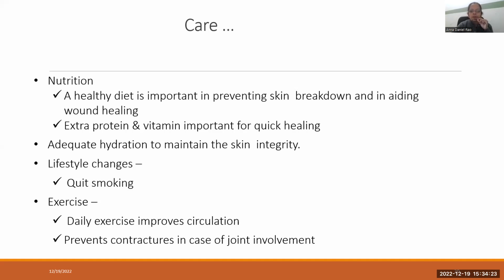So we should provide the diet, and at that time we need to remember that again the sources should be locally available. Whenever we give health education to the caretaker, to the patient, always remember to find out the local sources of whatever is needed for the patient.